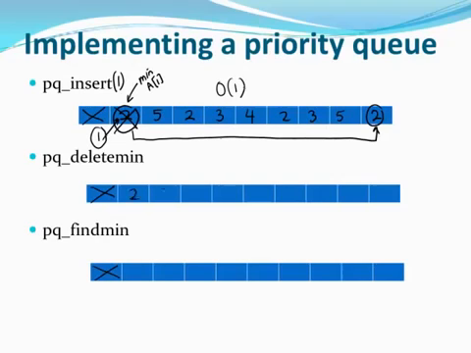Now if it comes to delete min, let's see what happens. Here's the original priority queue, and I'd like to delete the minimum from the list. After you delete the min, in order to maintain the priority queue invariant, you must find the minimum from the rest of the array. That's going to cost you big O of n operations, since they're not ordered. So let's say that we found this to be the next minimum element, and then you will have to somehow send it here.